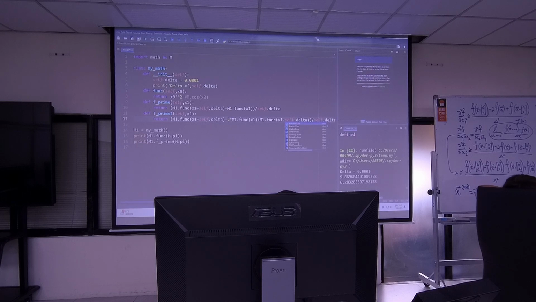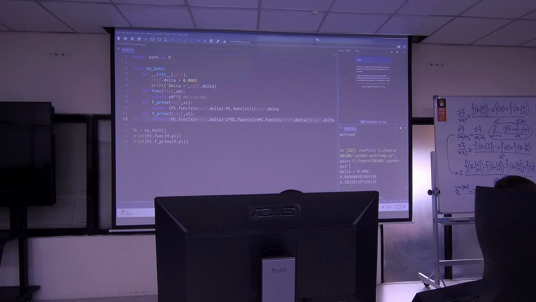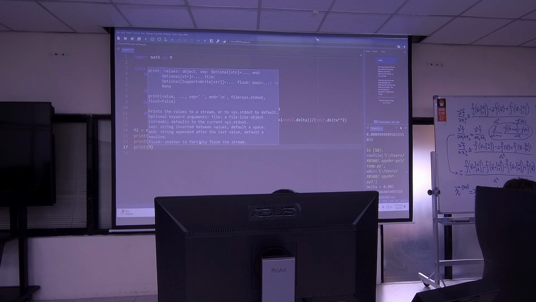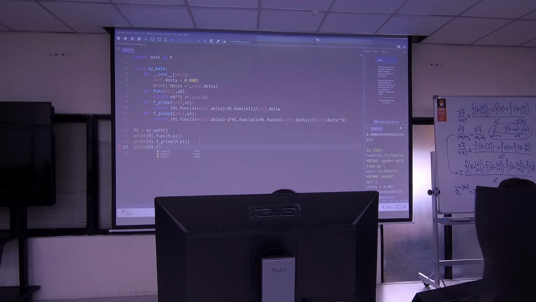And when you divide everything by delta, you need to divide everything by the square of delta. Okay. So this means square. Okay? And then I'm going to print out m1 dot function prime 2, which means double prime, at pi.